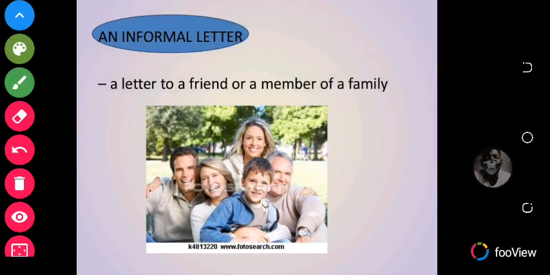We term it an informal letter because it doesn't have any dealing with formality. It is not usually directed to a company or any corporate body, but to a friend or a family member, a sibling, a brother, a sister, a best friend, etc.